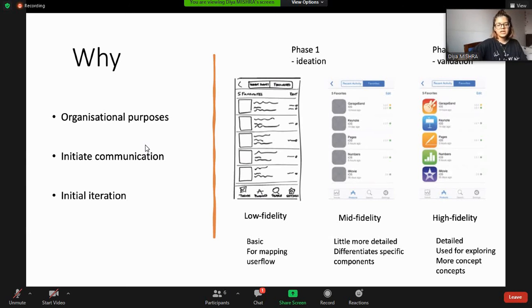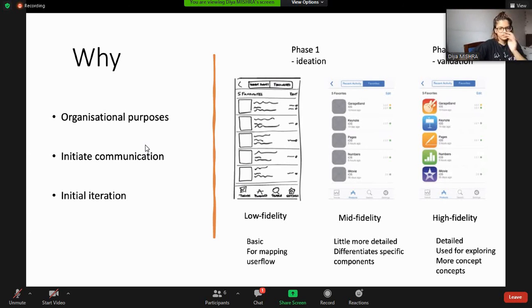So the initial wireframe created is a low fidelity wireframe, which is basic and very rough, essentially used for mapping user flow. It is then refined into a mid-fidelity wireframe, which is a little more detailed and differentiates specific components. This can be done either through using different shades of grayscale or using different font sizes or styles.